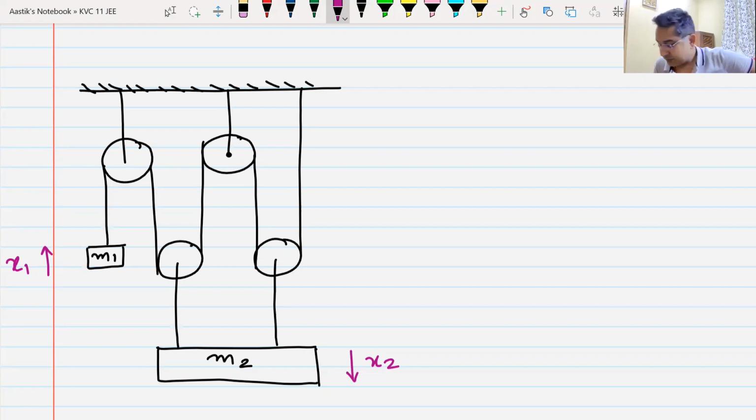Yes. Relation between X1 and X2. Anyone? Four pulleys here. Two fixed, two moving. Doesn't make any difference to our lives.